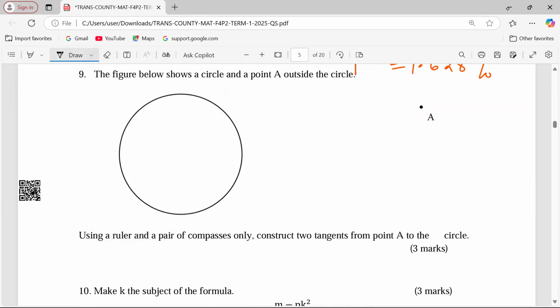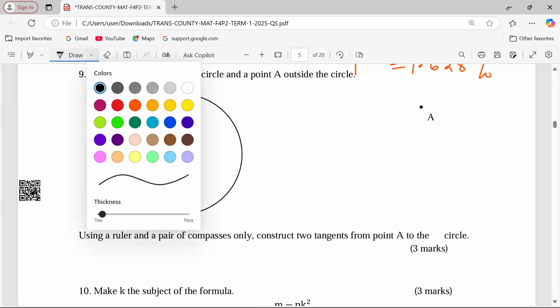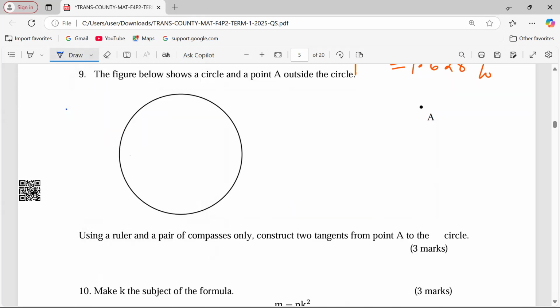Now, to identify the center of the circle, people should know that any chord bisected, the bisector passes through the center of the circle. So we are going to draw random chords, a random chord. I can even have it here. Let me use a different color, sorry. A chord at that point.